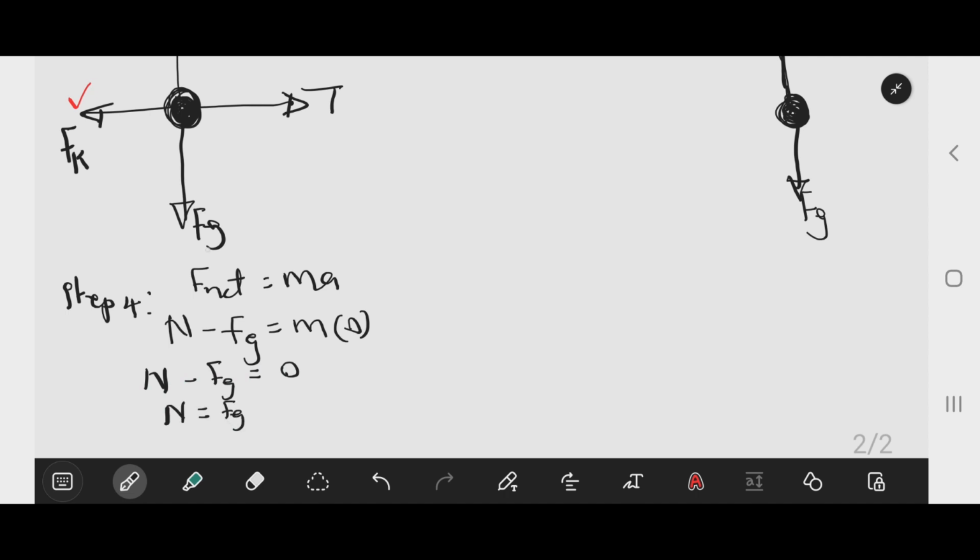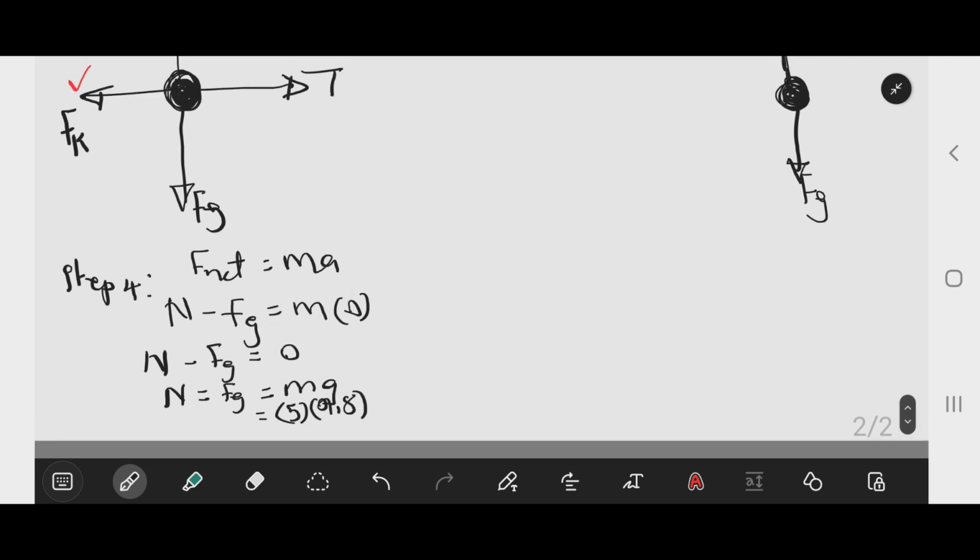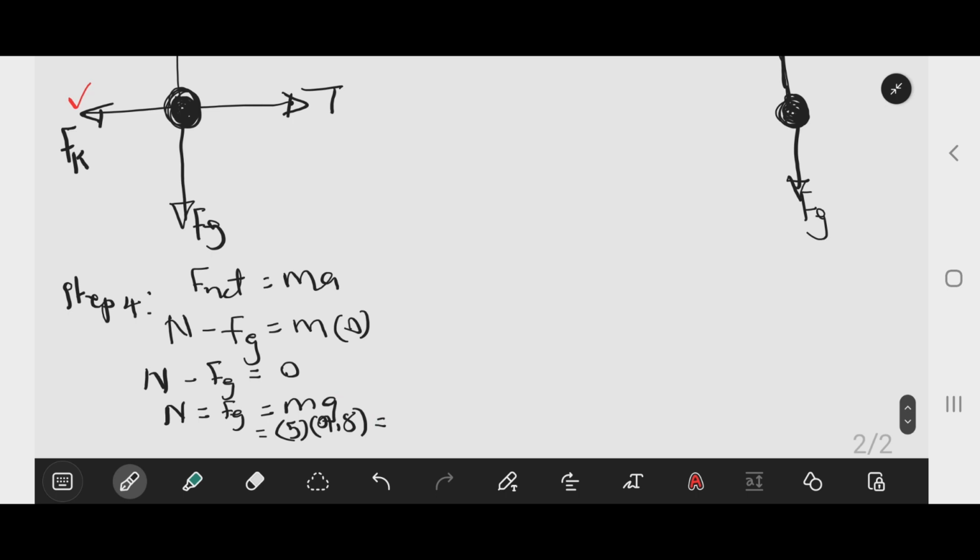But remember Fg is equal to mg, and the mass of the object, you are given 5 kg, and g is 9.8. So the magnitude of the normal force is 49 newtons. That is the main outcome for performing the Fnet in the y-axis, which is to obtain your normal force.